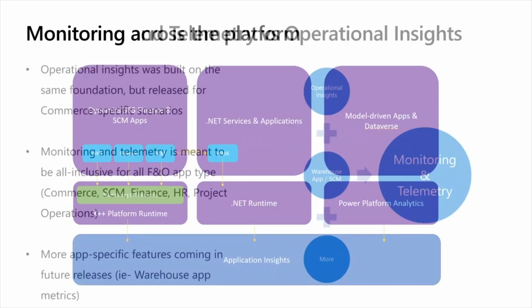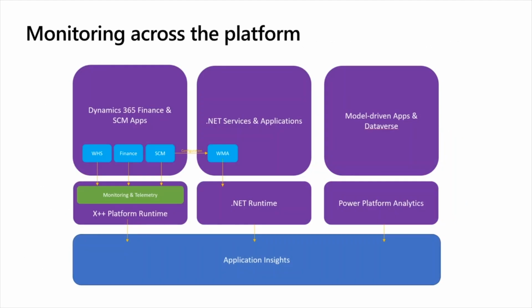With that, I think we can move forward to the next slide. This is the last one before the demo, so I will try to go quickly, but I think some of us are learners by seeing, and so looking at this hopefully helps convey where monitoring and telemetry is fitting into the stack, both for the F&O platform as well as Power Platform, as well as just the Azure and Microsoft platform.